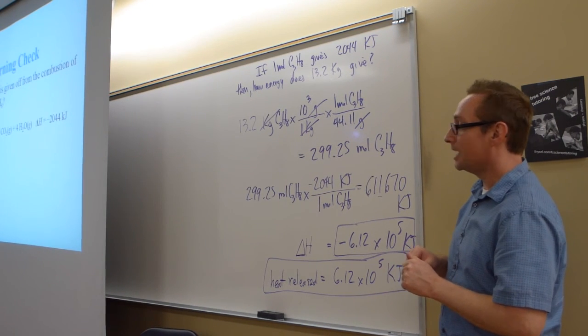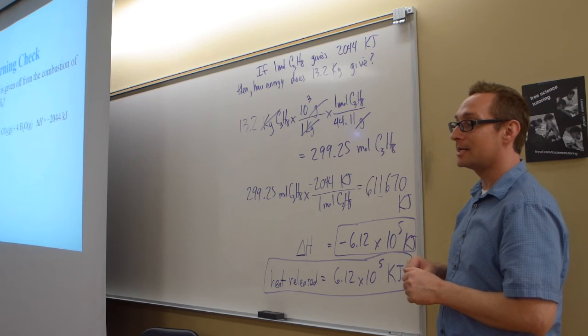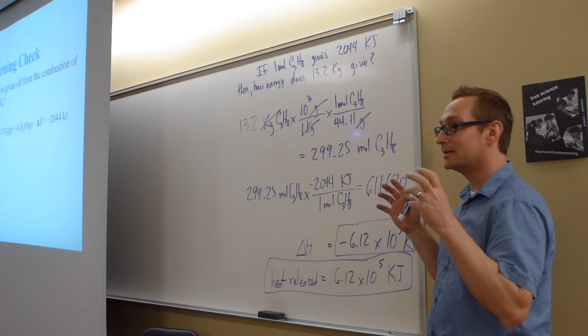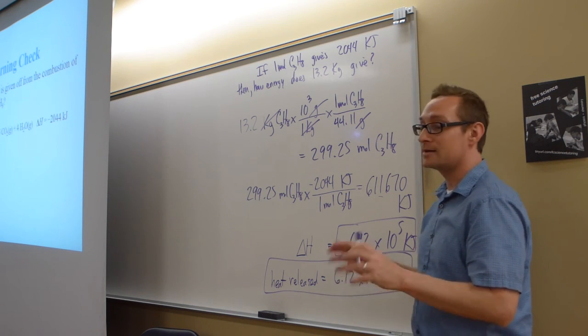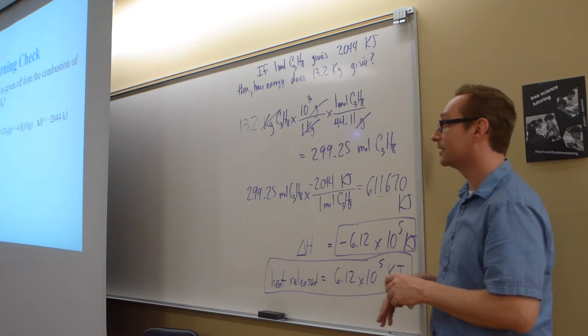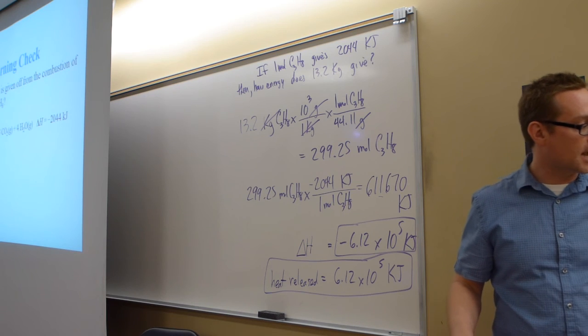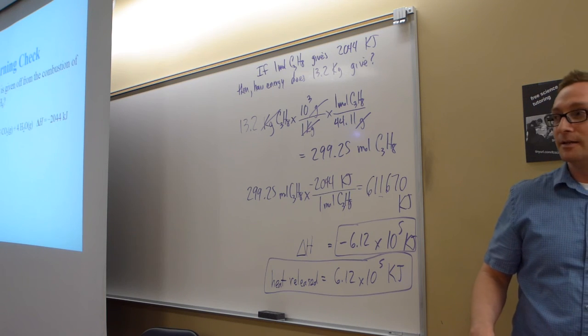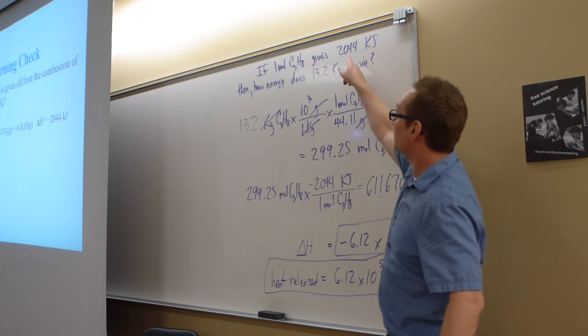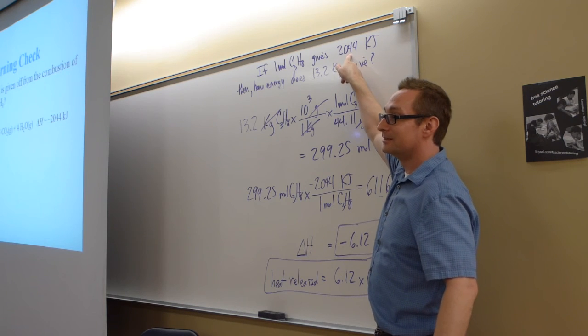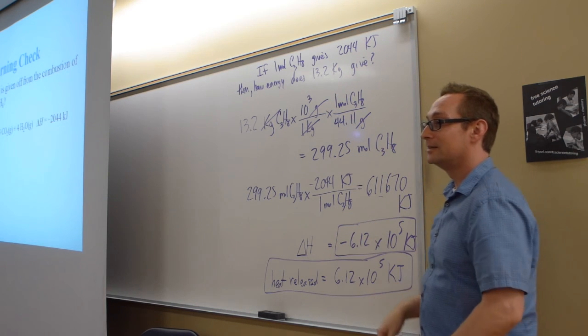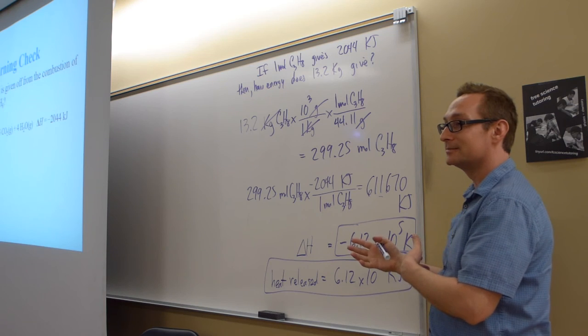So one thing that sometimes happens, if you want to combine concepts, and I like combining concepts sometimes, you might get a calorimetry problem that forces you to calculate delta H this way, and then you use it to plug into this problem right here and go from there. So trying to connect ideas here.